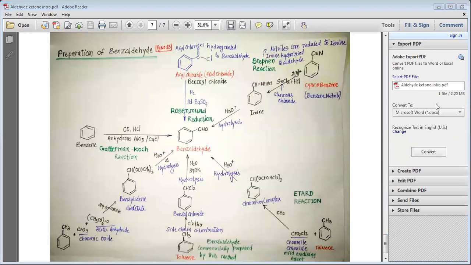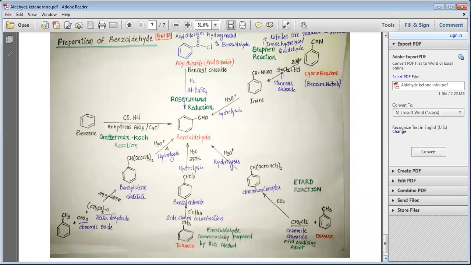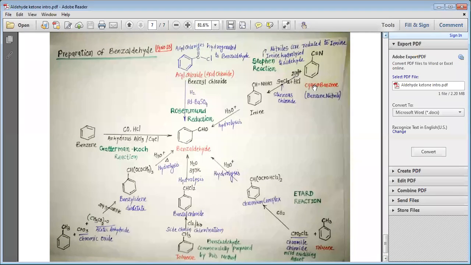Same way, my dear students, we can study about the various methods of preparation of benzaldehyde. You can see that benzaldehyde is prepared by various methods. In a method called Rosenmund reduction, acyl chloride or acid chloride is used.